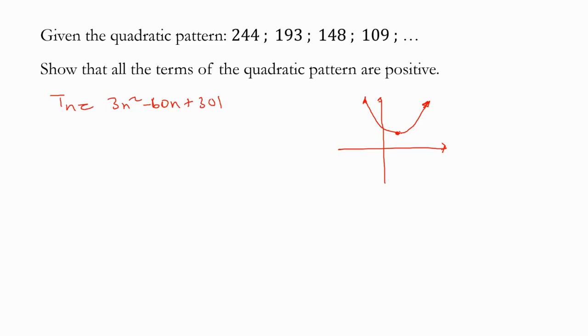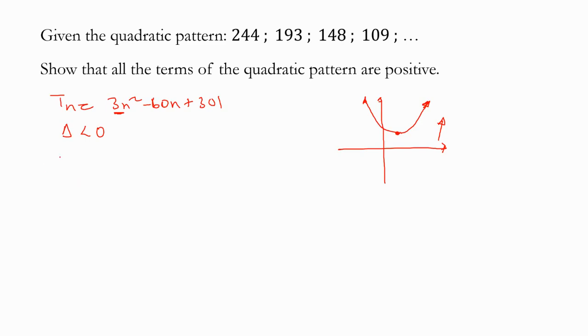All the terms are positive because they're above the x-axis. It's concave up because the coefficient of n squared there is positive. If it's concave up like this, and all the values are positive, there will not be any real roots. And the discriminant should be negative, should be less than 0.